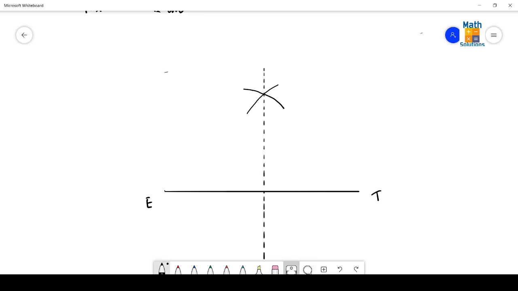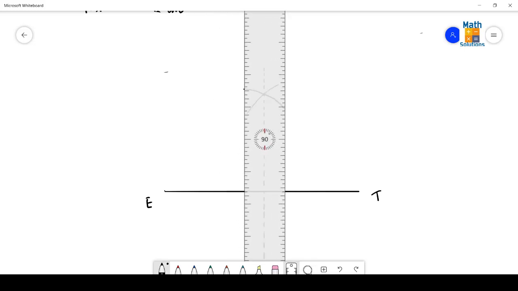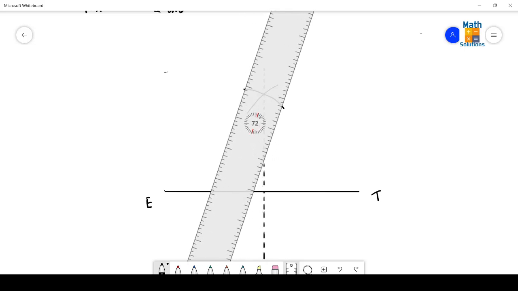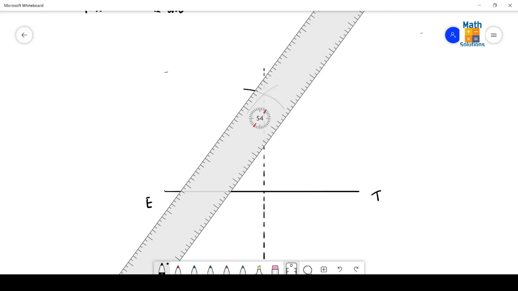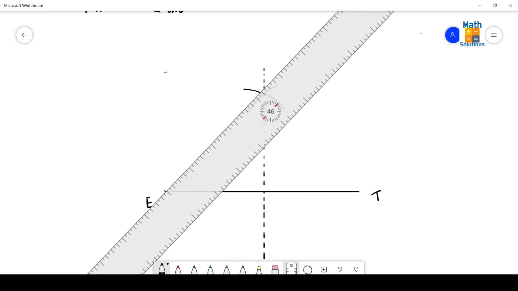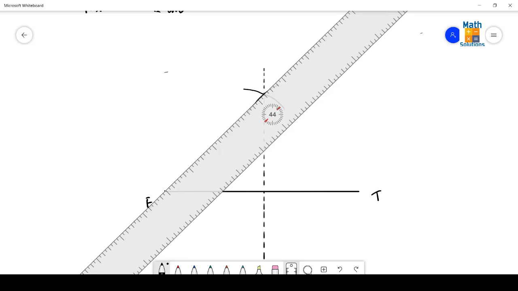So taking the scale from the point E, I shall be taking a measurement of 4.5 centimeter. Let us check at what point it is 4.5 centimeter.